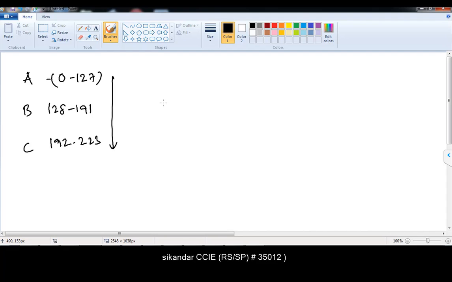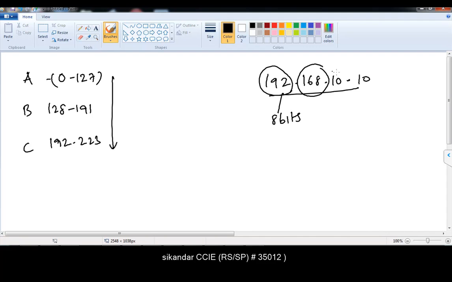Now again these three classes are further divided into some portions. We know that there are 4 portions. If I say 192.168.10.10, we got 4 portions. Each and every portion represents 8 bits.